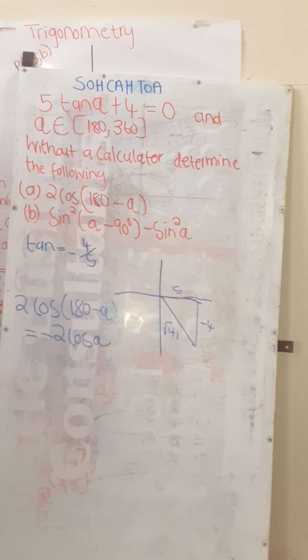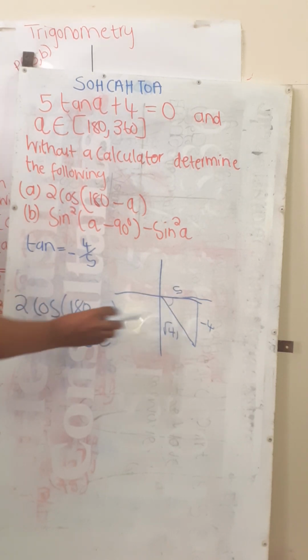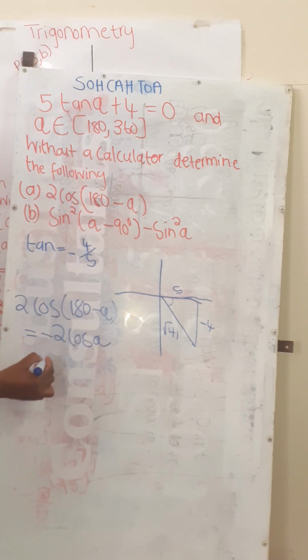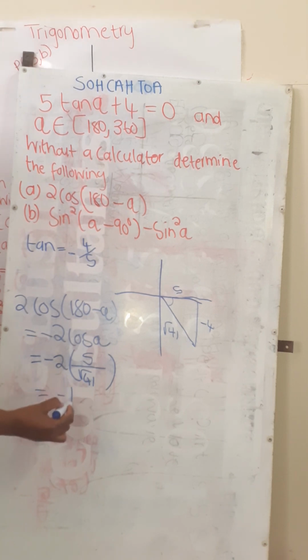It's adjacent over hypotenuse. So we're going to have -2 times 5 over root 41, and that will give us -10 over root 41. This will be the answer.